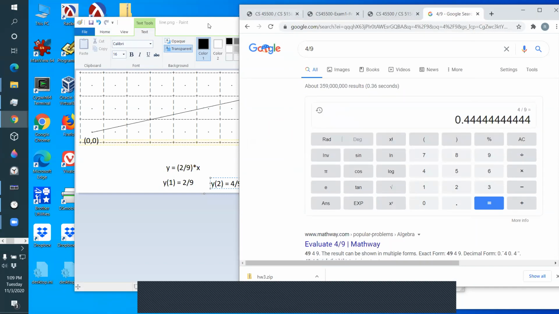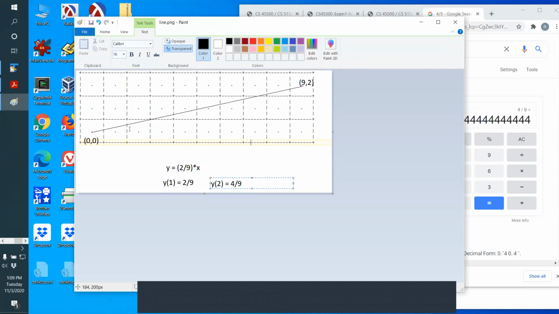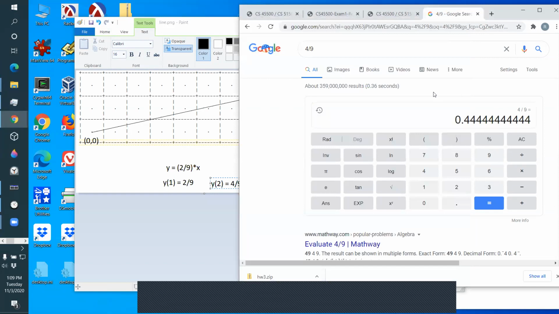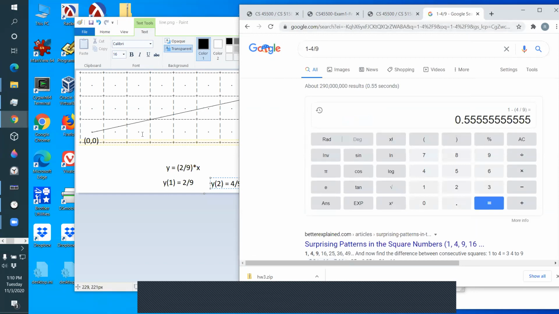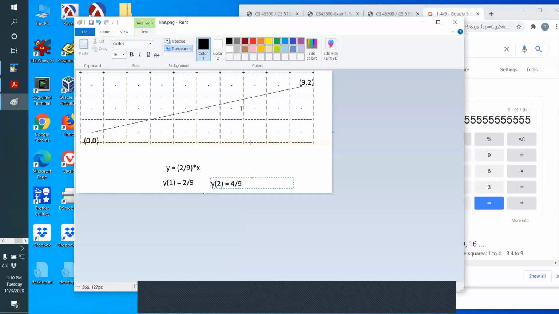So now this one would get 55% of the weight, and this one would get 45%. See, 1 minus 4/9, that's the weight down. This would be 55%. The brightness of this one would be 55, and the brightness of this one would be 45. Then you could do one more.